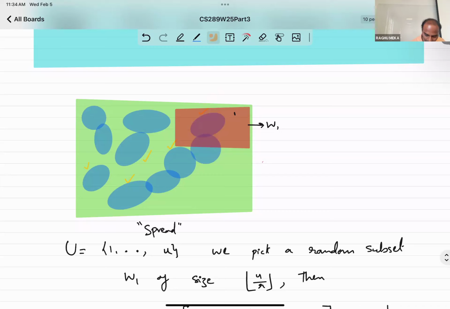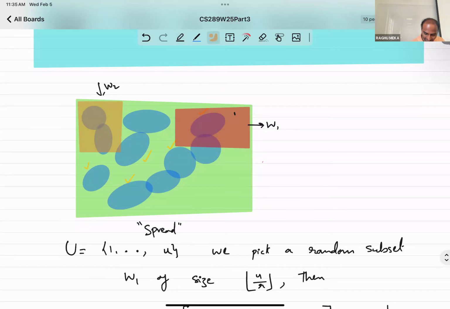Now I'm going to choose my W2, which is some other random set, maybe over here. It is definitely guaranteed to be disjoint from W1.